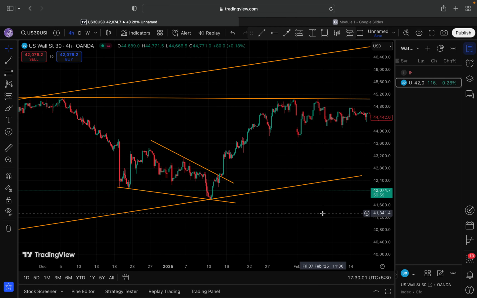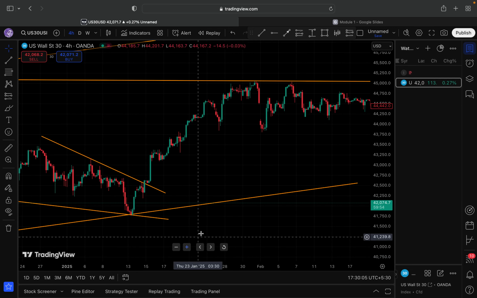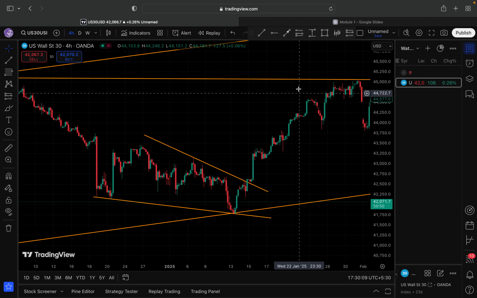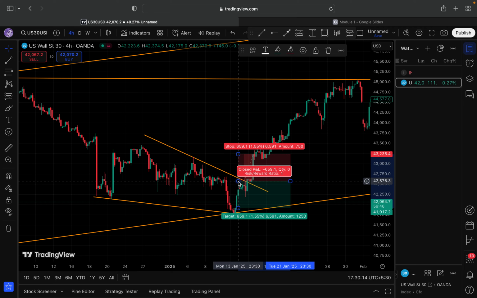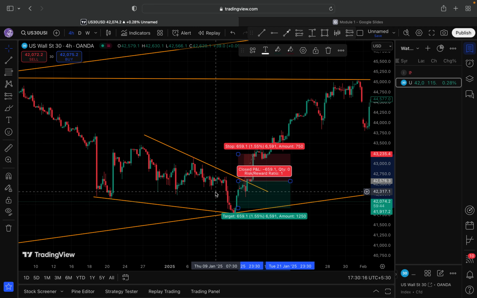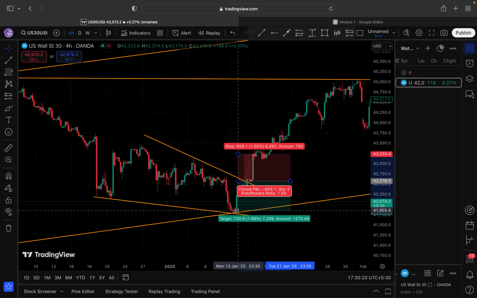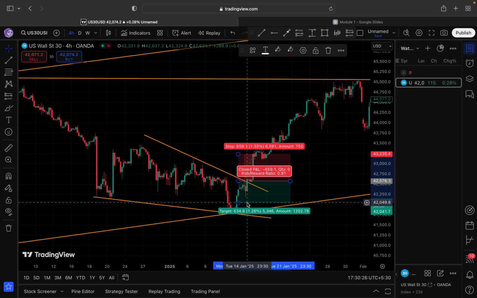Now on the H4 time frame, if you zoom in correctly, you see that this was a sell. Yes, you can take the sell trade, but because you did an analysis on the higher time frame, you are aware the price is about to pump because the daily and the weekly are giving you a bullish setup.